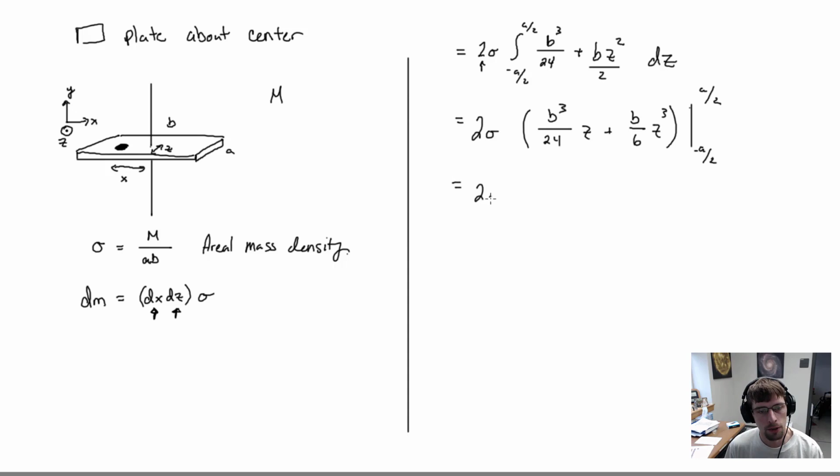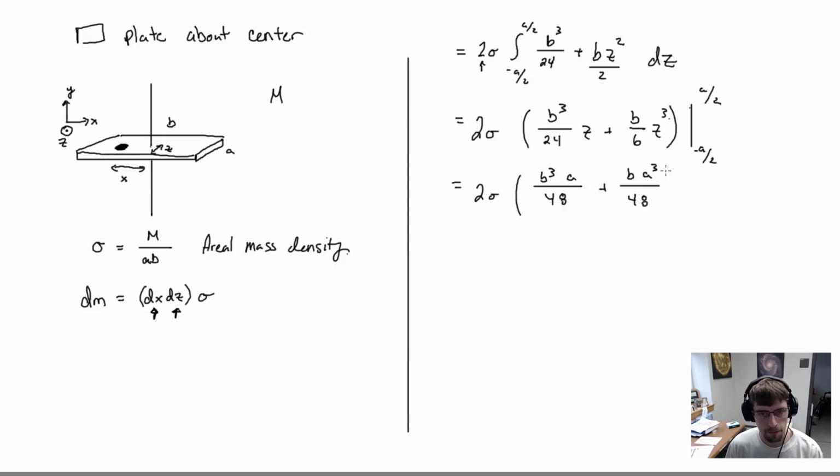Now let's go at it. 2 sigma. We have b cubed times a, all divided by 48, plus b a cubed over, well, 2 cubed is 8 times 6 is again 48.